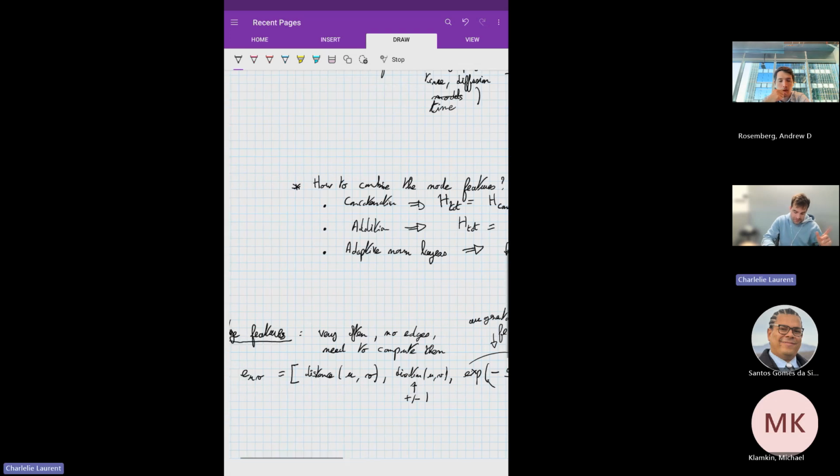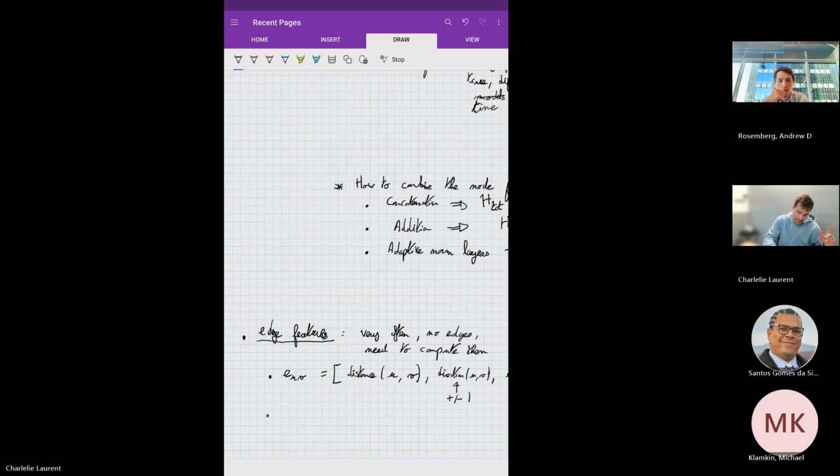There is something very, very important there, is that we never use the absolute position of the nodes in the edges.